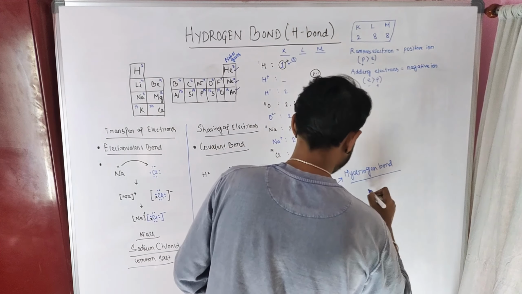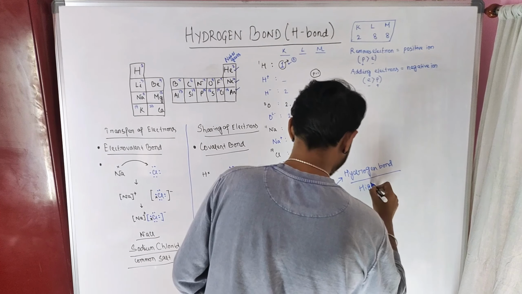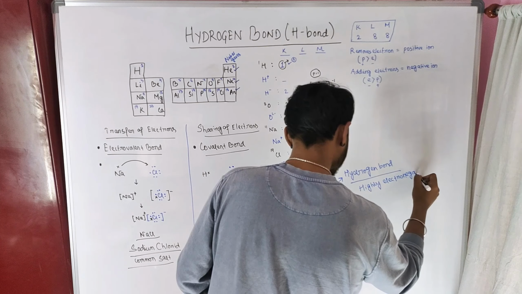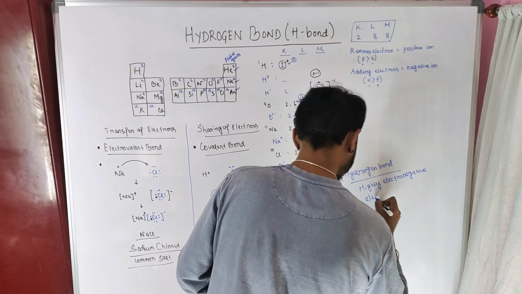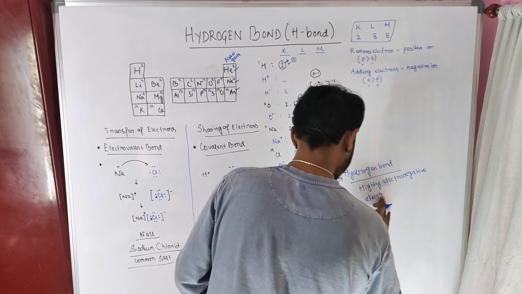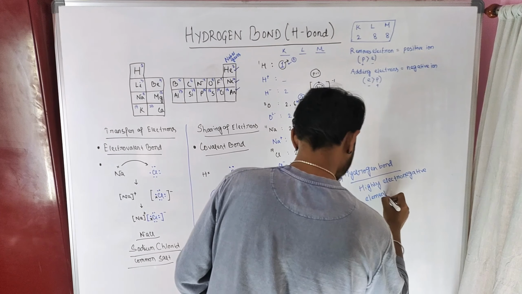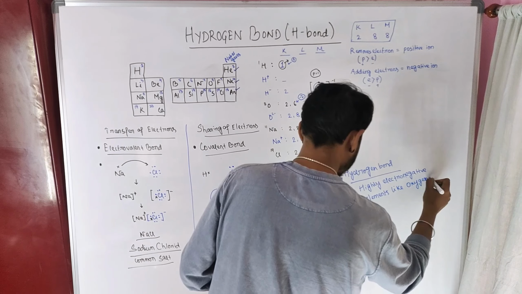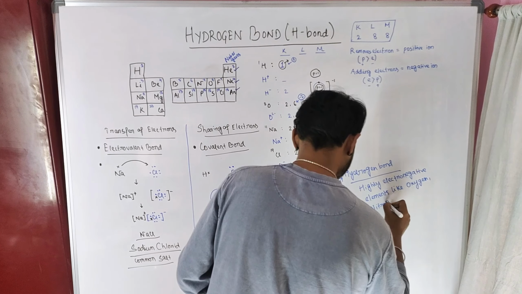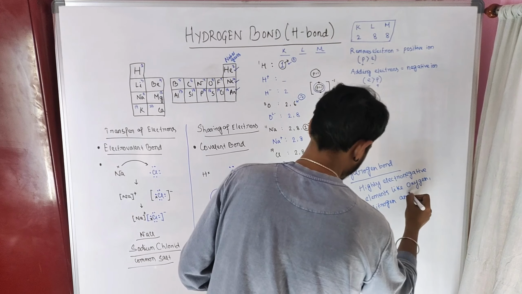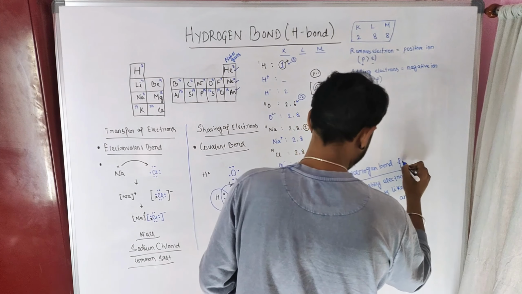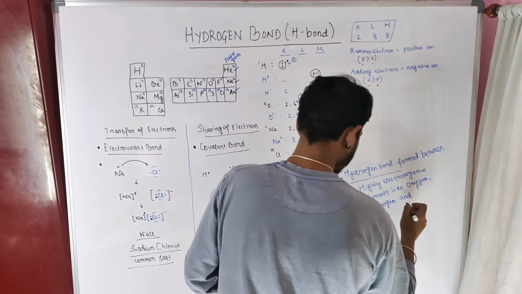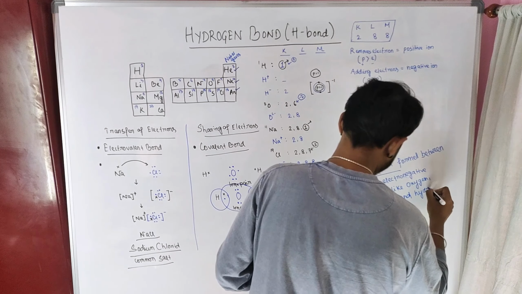So hydrogen bond is the secondary bond formed between highly electronegative elements like oxygen, nitrogen, and a hydrogen atom.